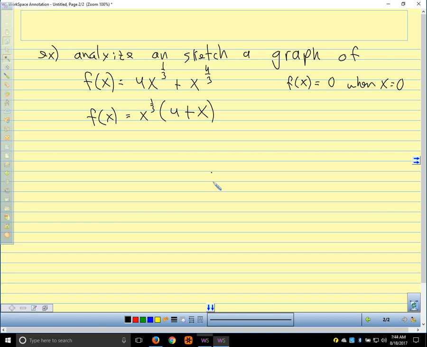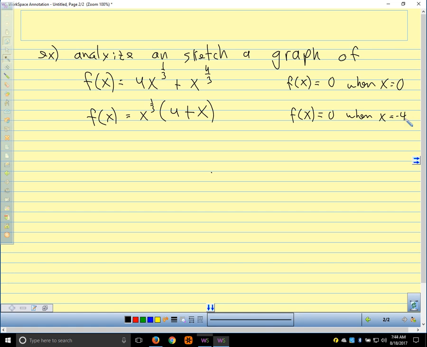All right, so now we can see f of x equals 0 when x equals -4. And this is just how I set this up. You may have a more organized way that you like to do this. This is just the way I set this one up, so you don't have to do it exactly like I do.